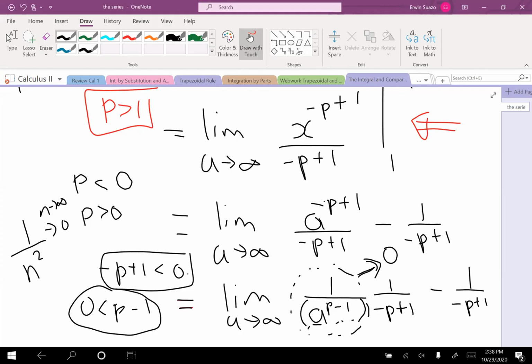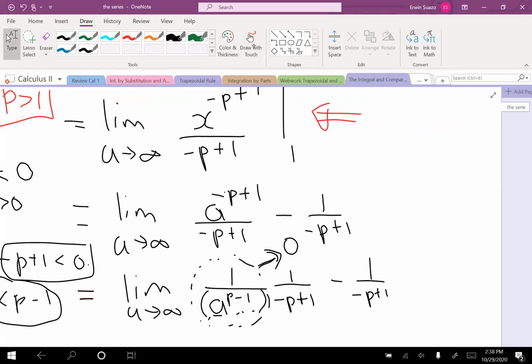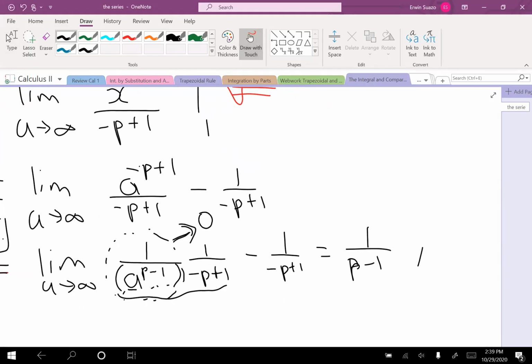So I have this limit, and the whole first thing goes to 0. So this will be 1 over p minus 1, for p bigger than 1. So this integral converges. Oops, sorry.